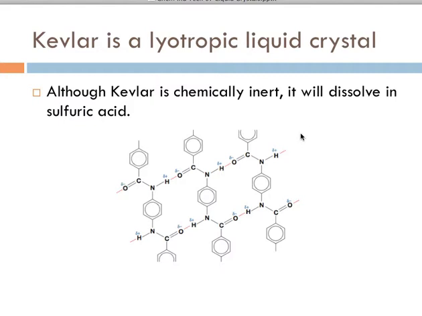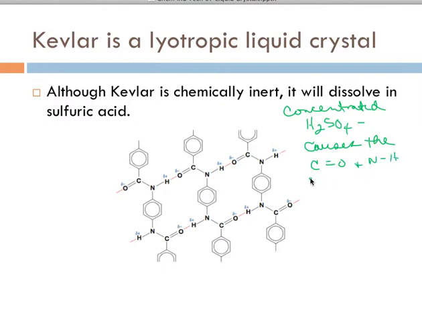So with concentrated sulfuric acid, this causes the C double bond O group and that NH group to become protonated, meaning they're going to have hydrogens attached to those.